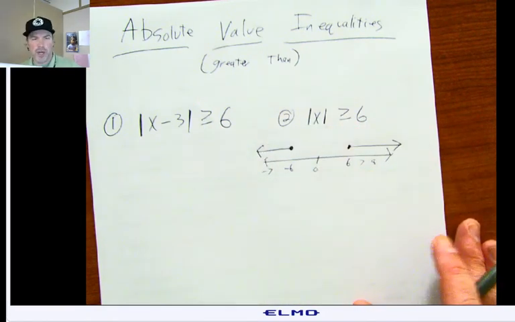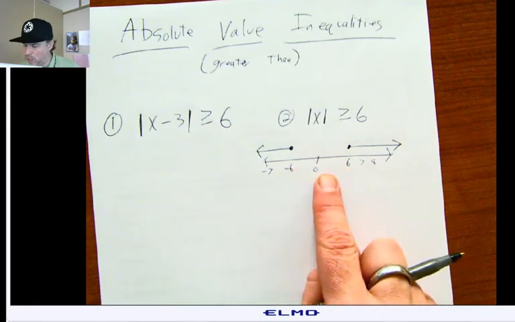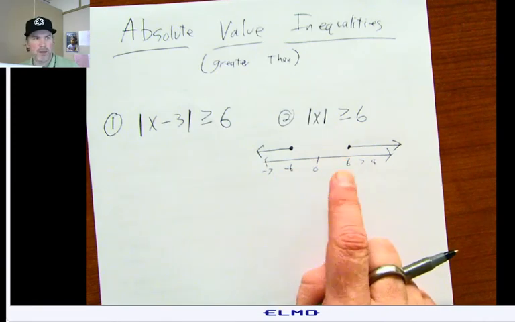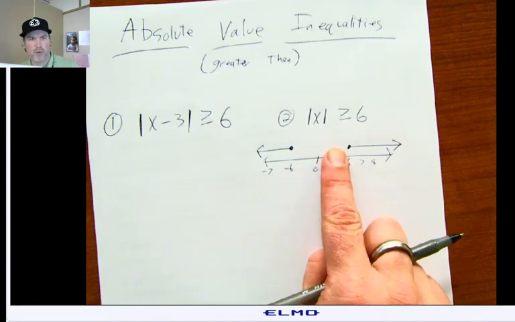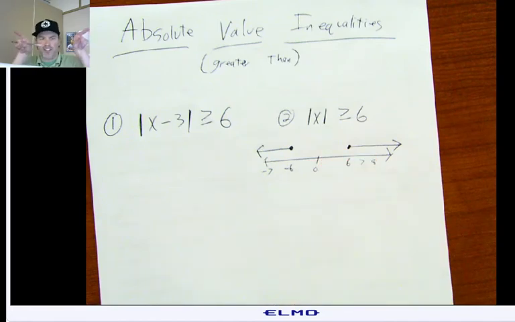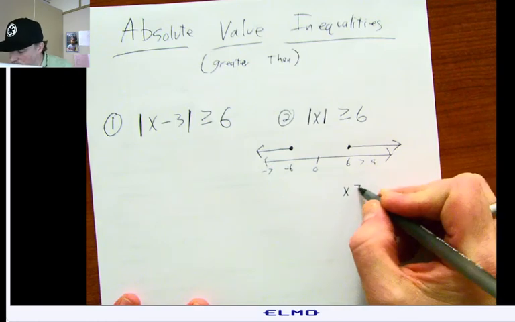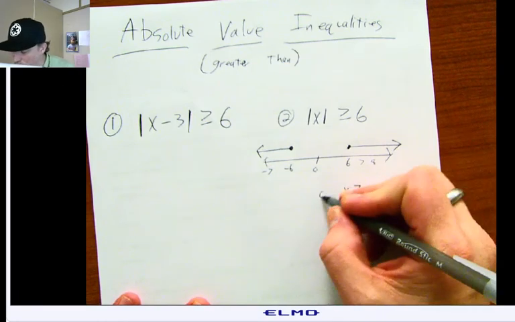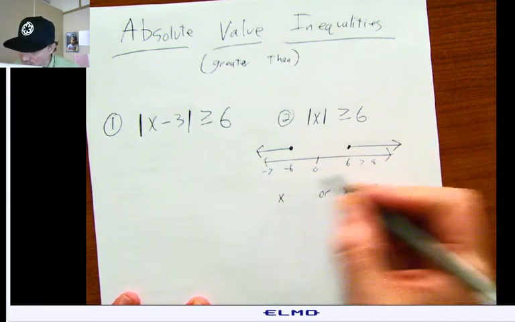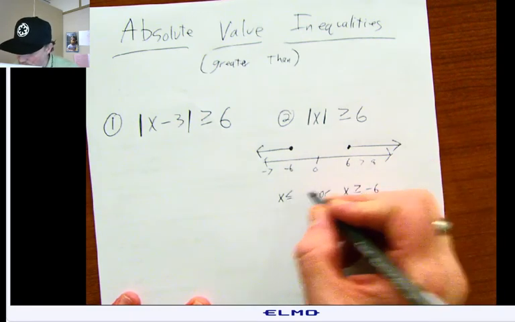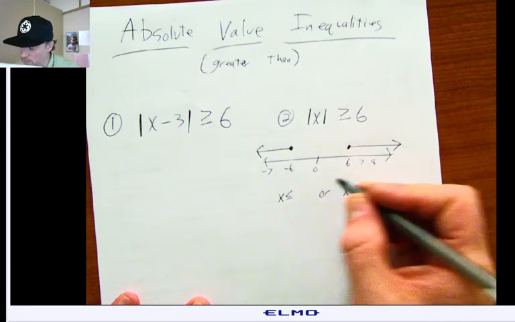So this is what a typical greater than graph looks like, which is a typical or statement. I made a mistake.